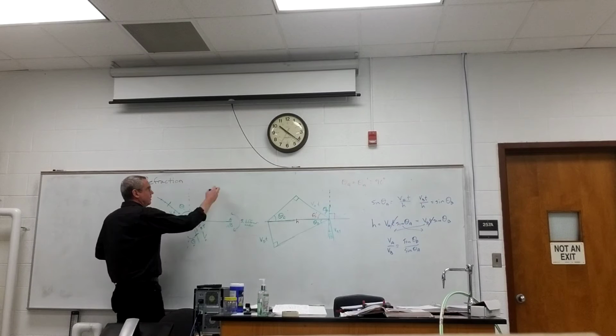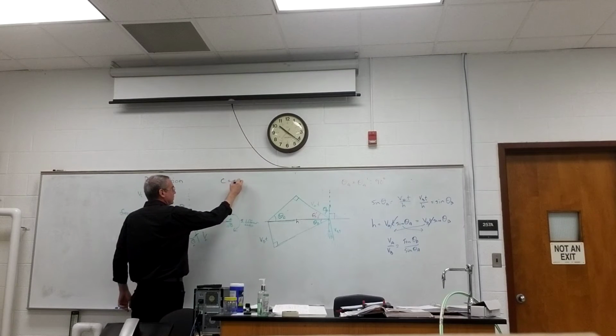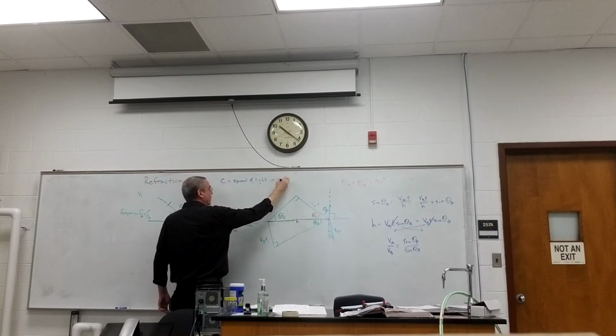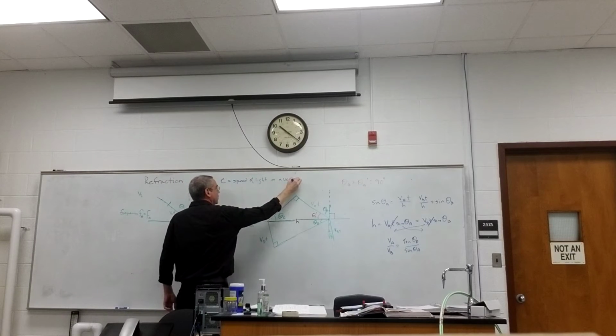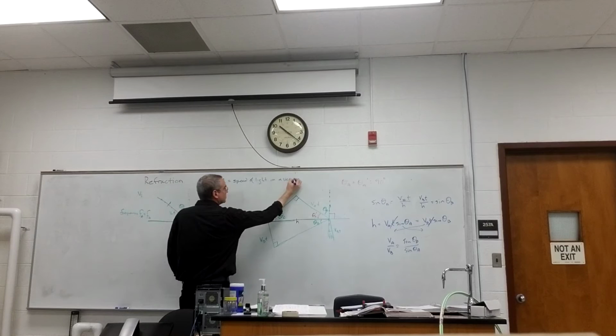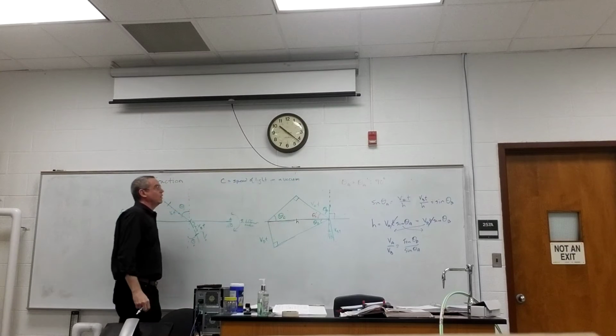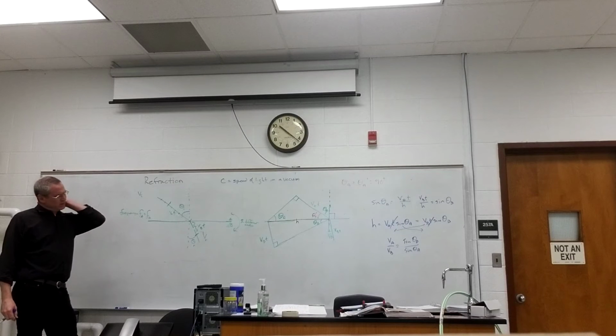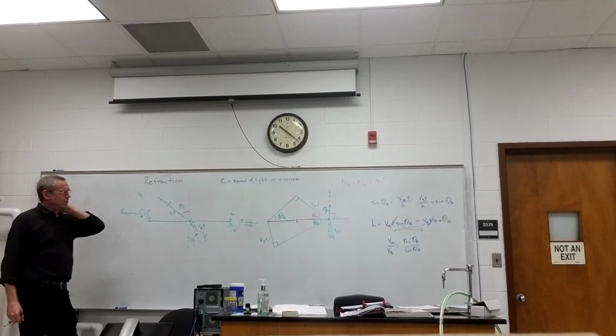The speed of light in a vacuum is c. This is speed of light in a vacuum. But as it travels through a medium, it really doesn't travel that fast. I think we've talked about before the fact that they got down to what, 6 meters per second. Okay, I did mention that in here.